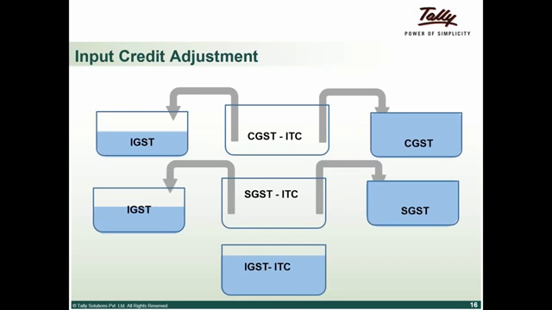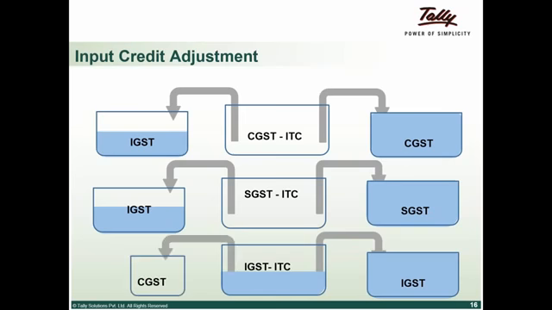So under IGST, again, it's very simple and logical that all my IGST ITC, first I need to set it off against my IGST liability, right? Now, the remaining IGST ITC, first I will set it off against the CGST liability, and further if there is any IGST ITC available for that particular month, now I can go and set it off against the SGST, right?